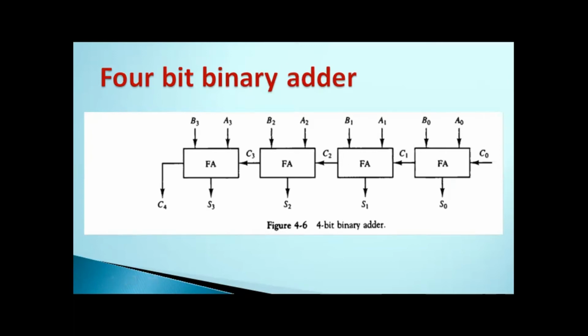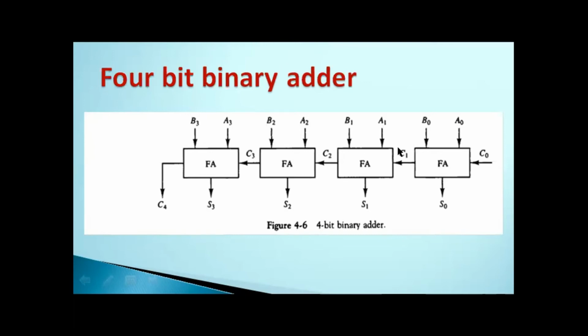Okay, this is about our 4-bit binary adder. But if we want to perform n-bit binary addition, then we require an n-bit binary adder, and our n-bit binary adder requires n full adders. The output carry from each full adder is connected to the input carry of the next higher order full adder.